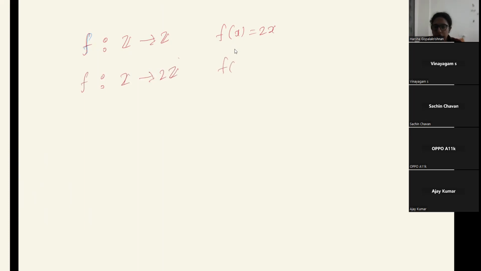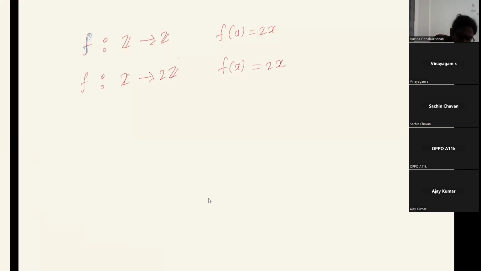Here I am giving the same function, 2x, but the first function maps from Z to Z, and the second maps from Z to 2Z. So just looking at the function, we can say whether it is onto or not.